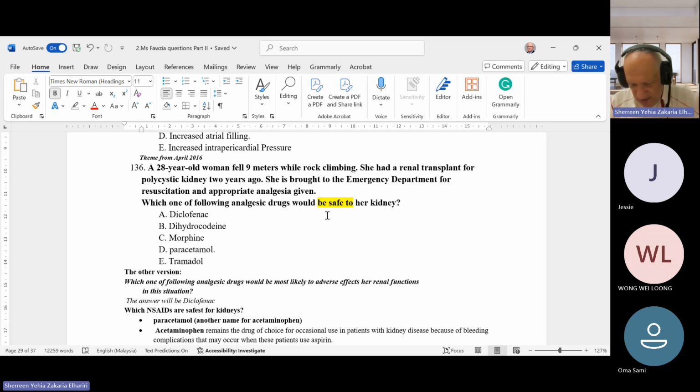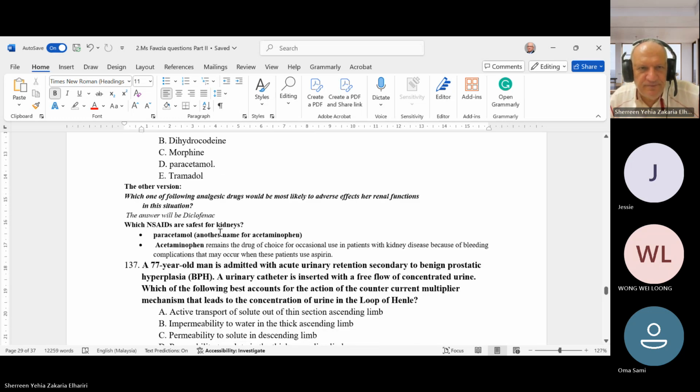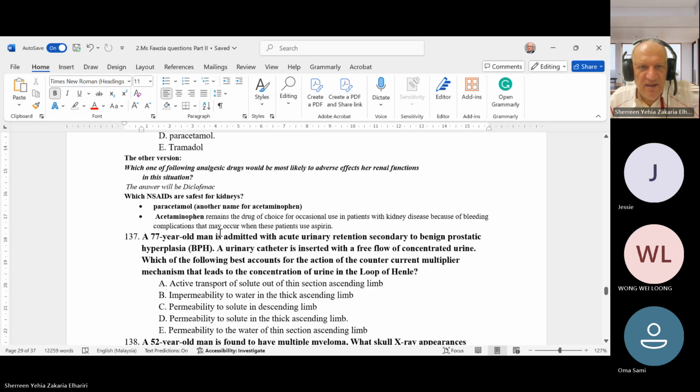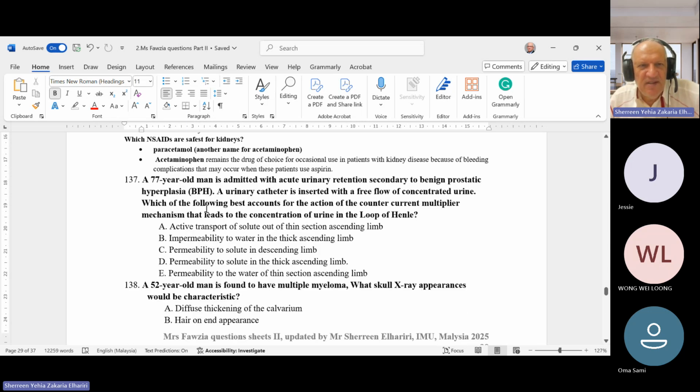Take care, because if the question asks which of the following analgesics would be the most likely adverse reaction or more dangerous, the answer is diclofenac. Of course, paracetamol still has side effects, but it's the safest analgesic.